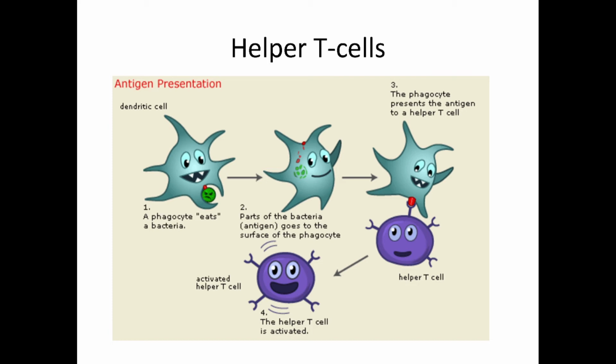So those bits of that bacteria will go to the surface of the phagocyte and present on the MHC complex. So here we have a dendritic cell, it ate a bacteria, now it's presenting little bits of that bacteria. The helper T cell comes along and connects up with that and says, oh, this antigen is the issue. And then it will be activated. And that activated helper T cell can then go activate those B cells.